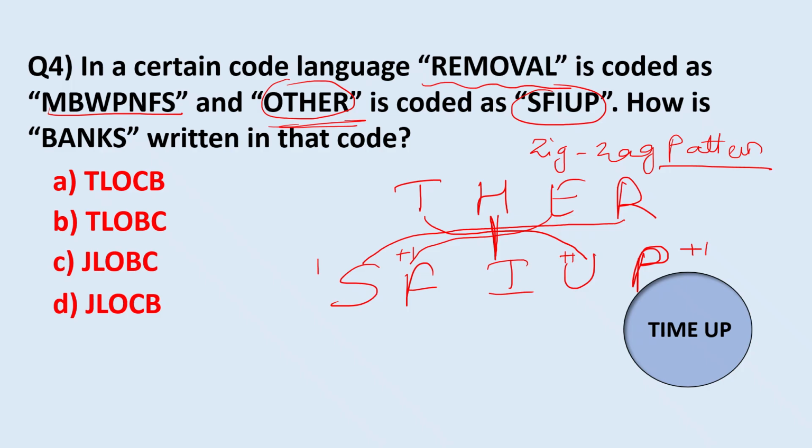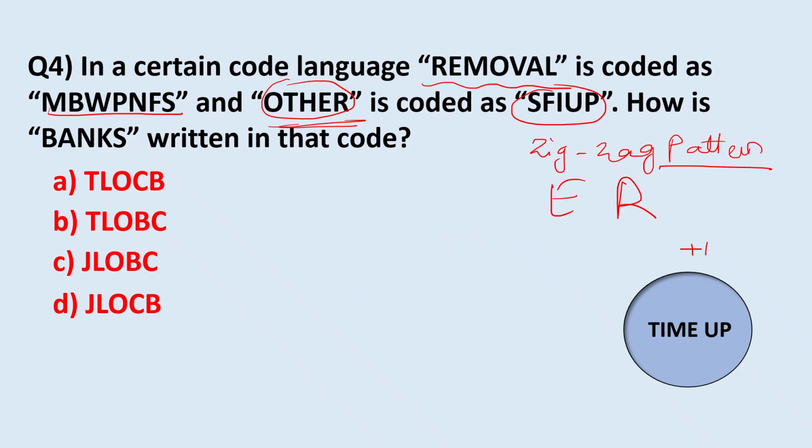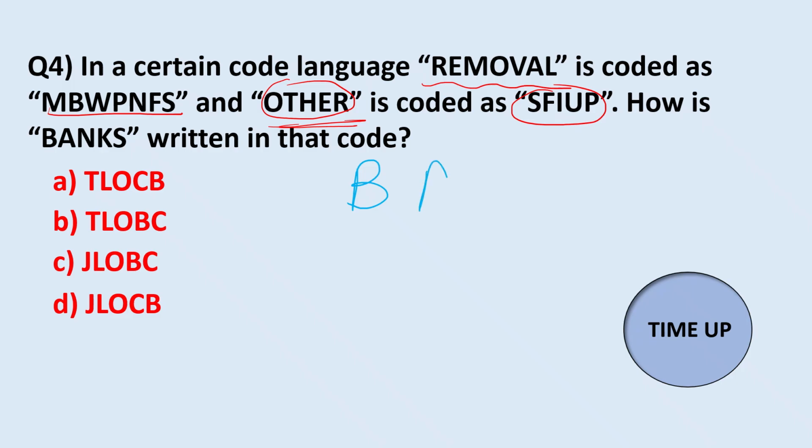So let us solve for how is banks written in that code. How is bank written in that code? We will see. Okay. So BANKS. So B plus 1 I will do. B plus 1 will give you what?